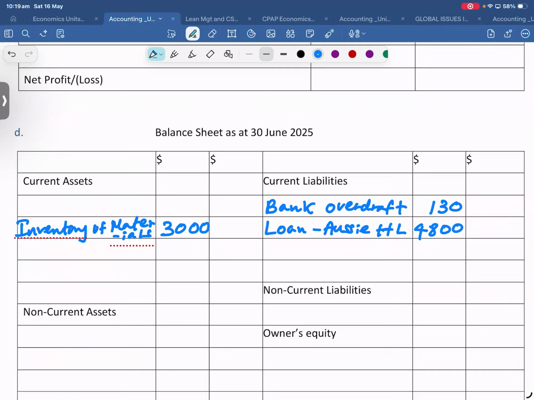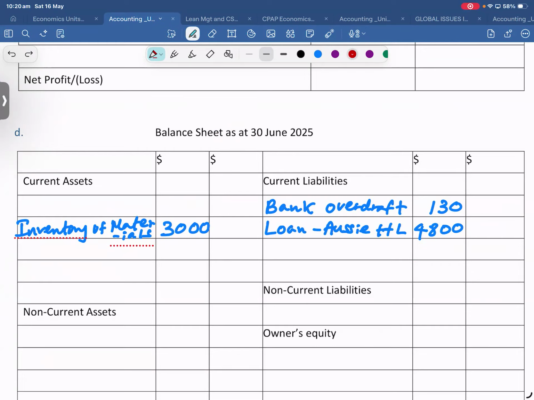Because remember, balance sheets we have done before. The balance sheet is prepared as at a given point in time, not for 1 year or 2 years. So loan 4,800.